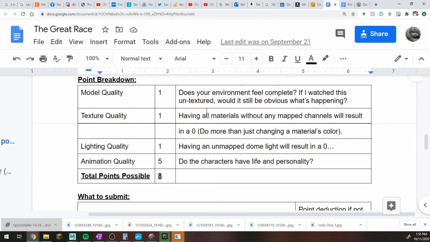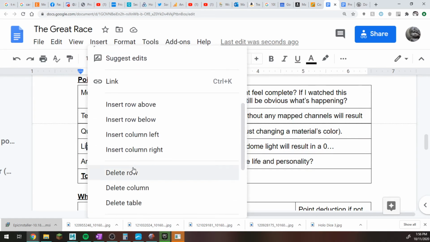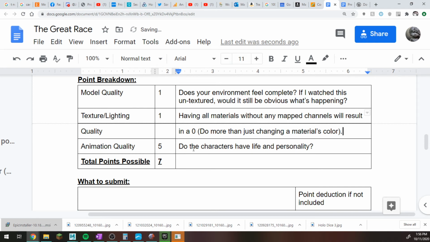And then this is going to be more or less the same grading that I've been doing in previous weeks.